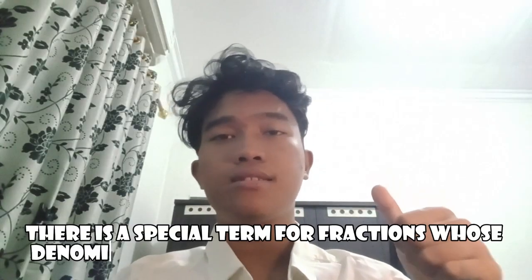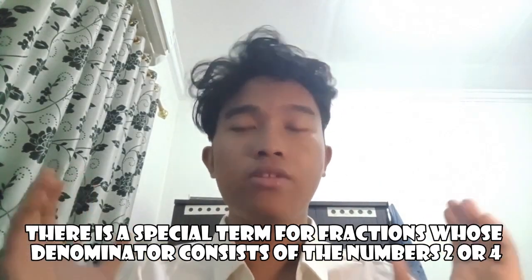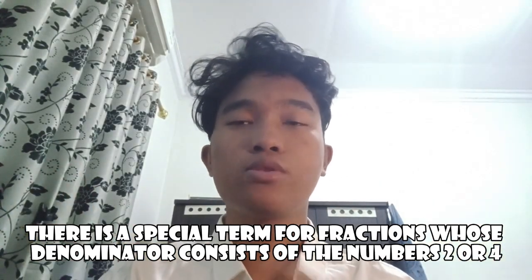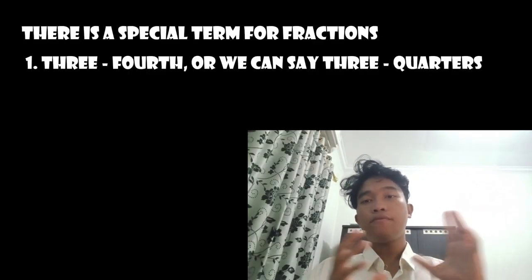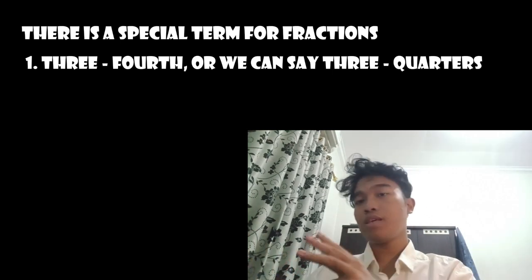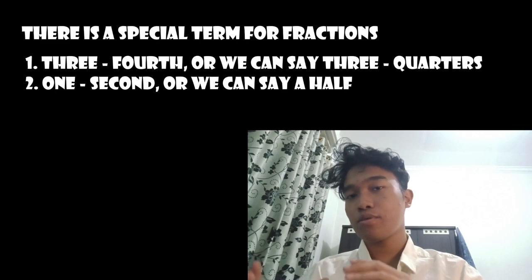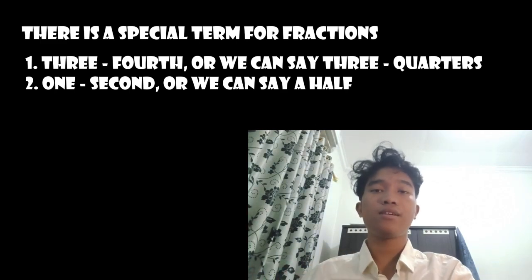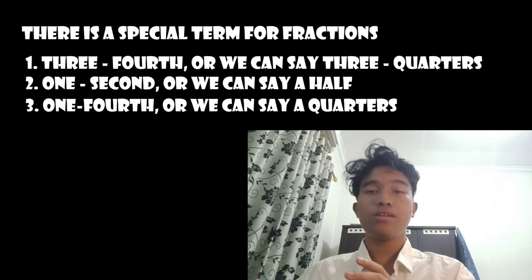Point number 6, there's a special term for fractions whose denominator is the number 2 or 4. There are 3 special terms for fractions. Term number 1, 3/4, we can replace it with three quarters. Term number 2, 1/2, we can replace it with a half. Term number 3, 1/4, we can replace it with a quarter.